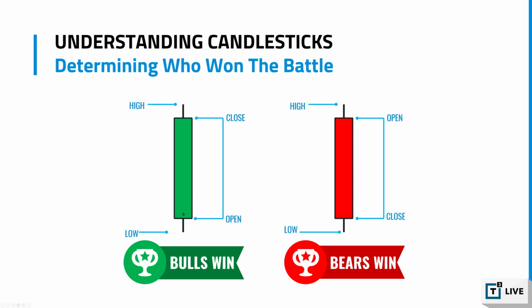So the first section is about candlesticks and why we use candlesticks and how to use candlesticks. So just the first slide is, we talk about why we use candlesticks as opposed to bar charts, because candlesticks give you the story of what really happened. Candlesticks are all about comparing the close of that candle compared to the open.